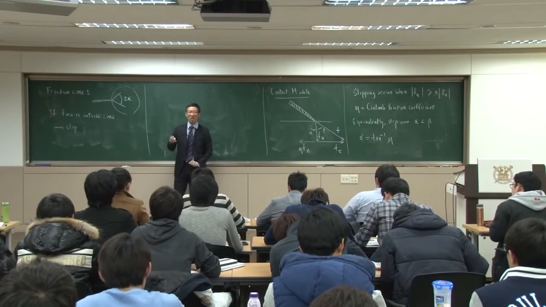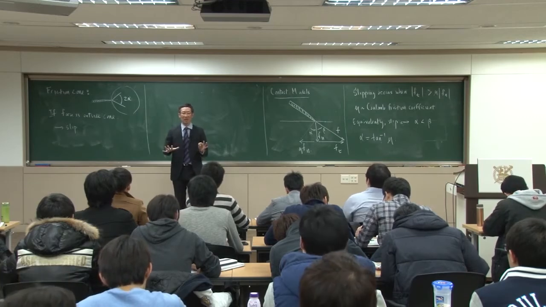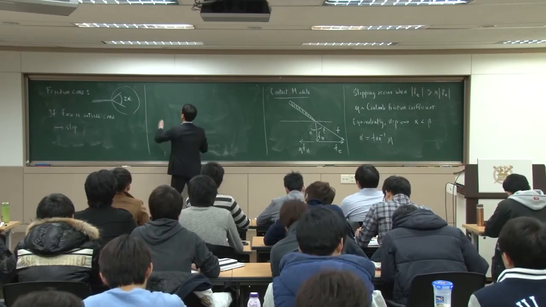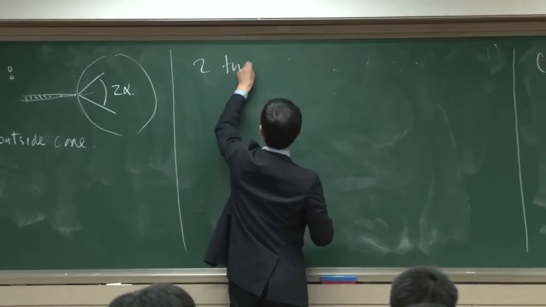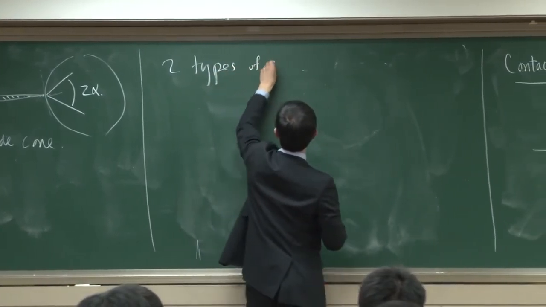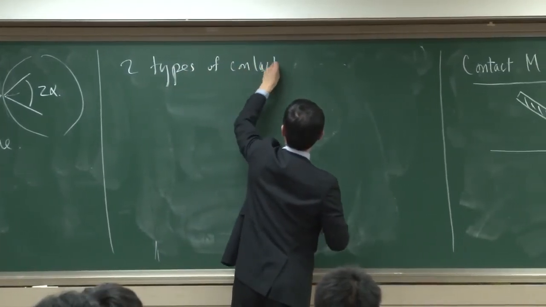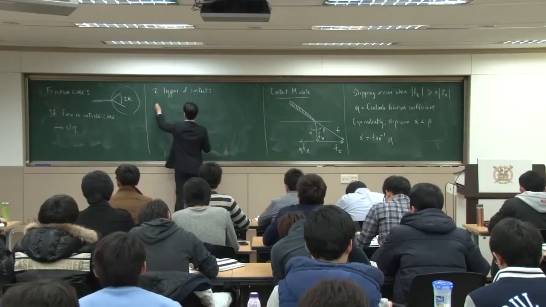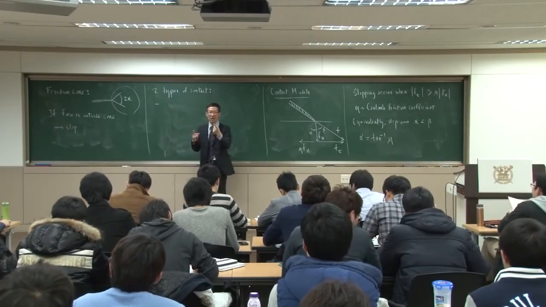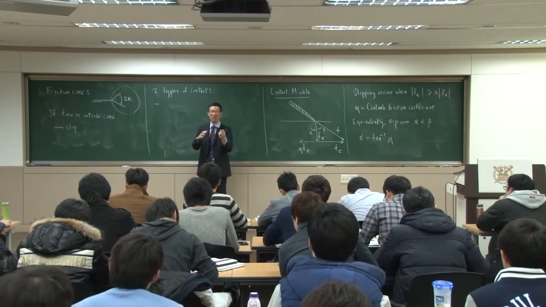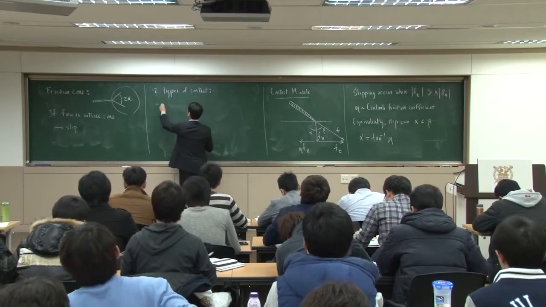We're going to deal with two types of contact, and you've already seen examples of these. The first is the point contact with no friction, which we'll call the frictionless point contact.